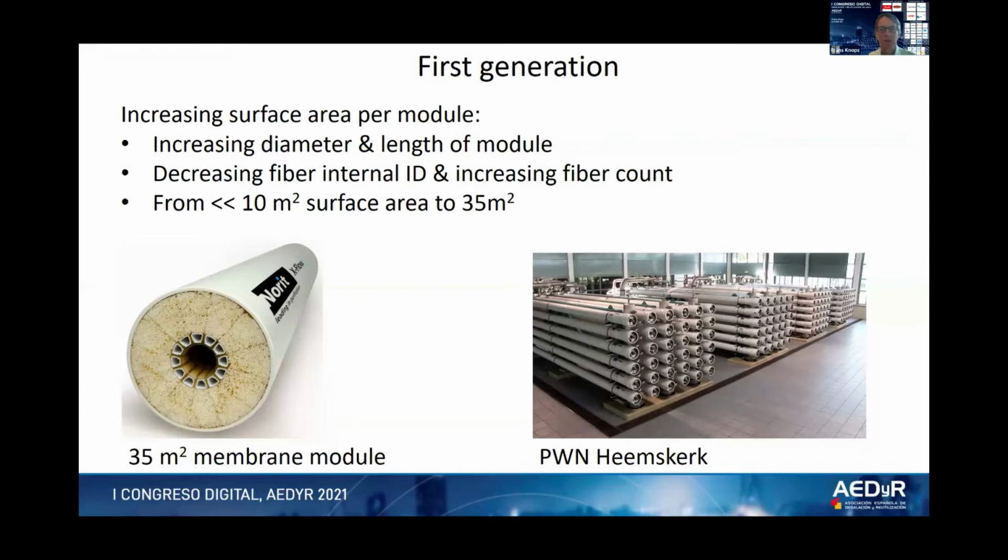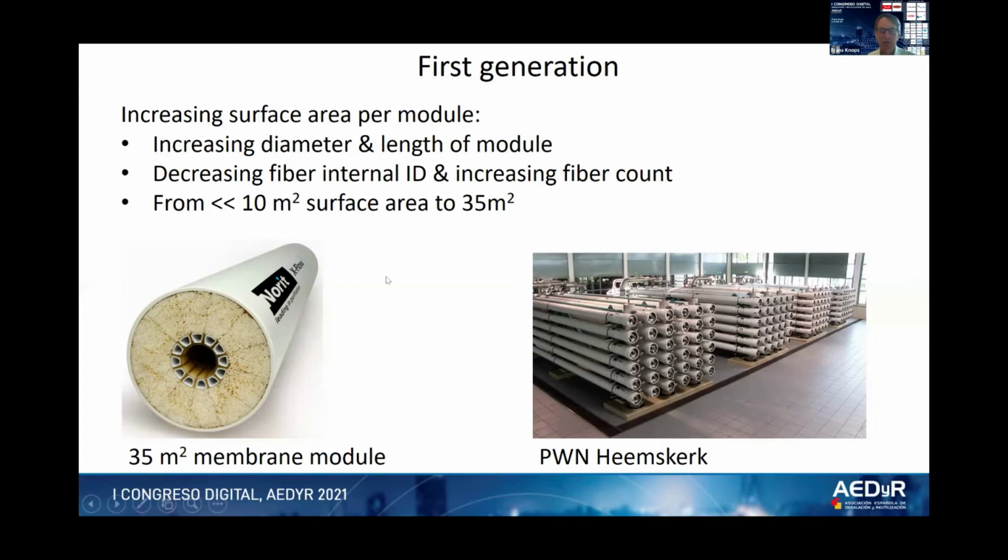Pharmaceutical membranes typically have a fiber diameter of 1.5 or 2 millimeter internal diameter. With 0.8 millimeter internal diameter, you can increase the packing density by a factor 2. So not only was the physical shape of the membrane module increased, but also the packing density of membranes inside the membrane module was increased to give you even more surface area in the same footprint.